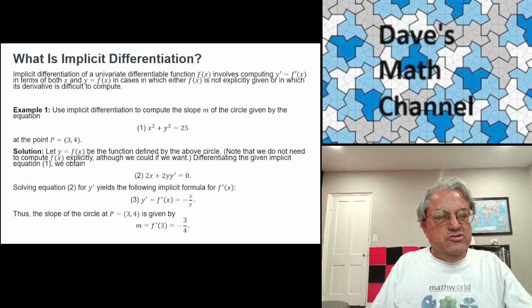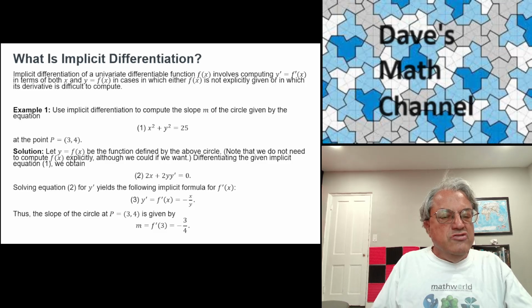Then what you can do is differentiate the formula for this new function, if you want to call that capital F of x and y. You can calculate the derivative of F, and since that's equal to something else you're given, you can calculate the derivative of the right side as well, and that'll give you a formula involving y prime in terms of x and y.